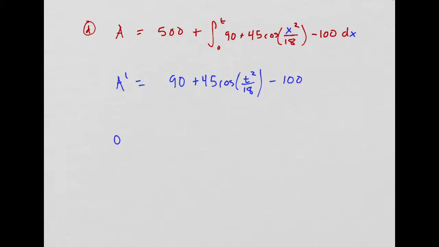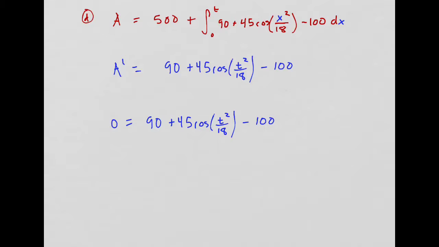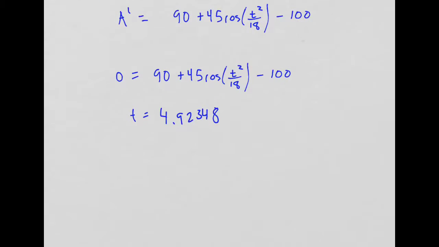I set it equal to 0, and then in my calculator I'll find the critical points and solve for t. And t has to be between 0 and 8. So here we go. And I have to check my endpoints.